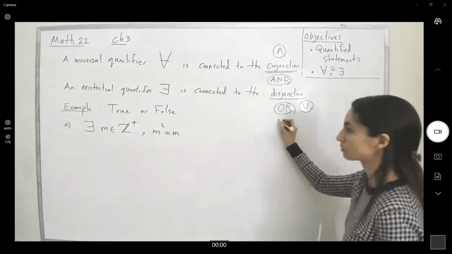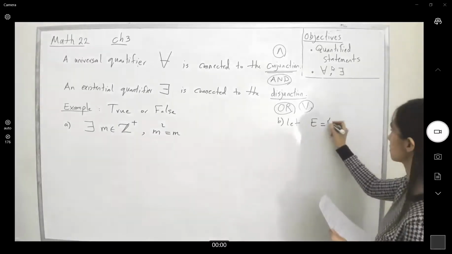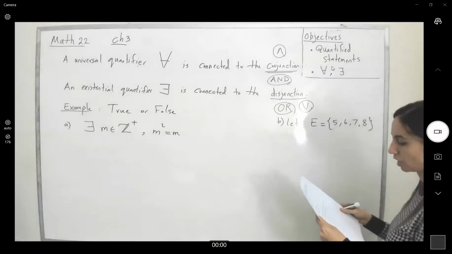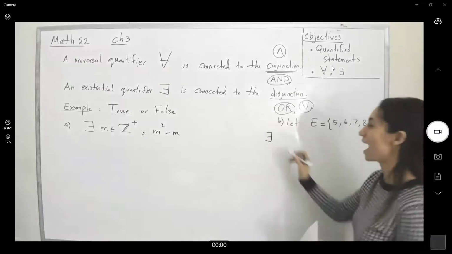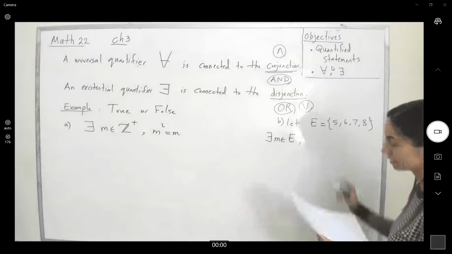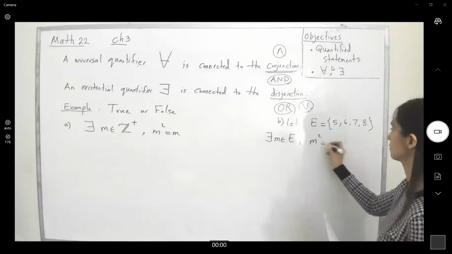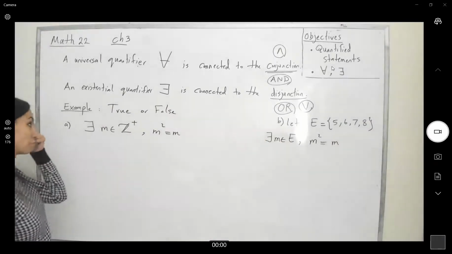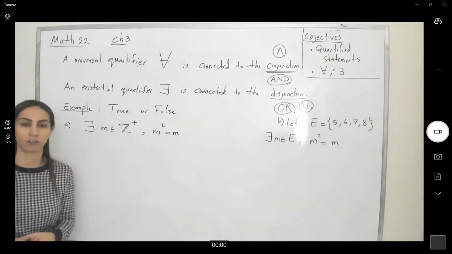B, let the domain be given to you as 5, 6, 7, and 8. And the statement says there exists at least one member in E such that m squared is n. Okay. Which one is true? Which one is false?